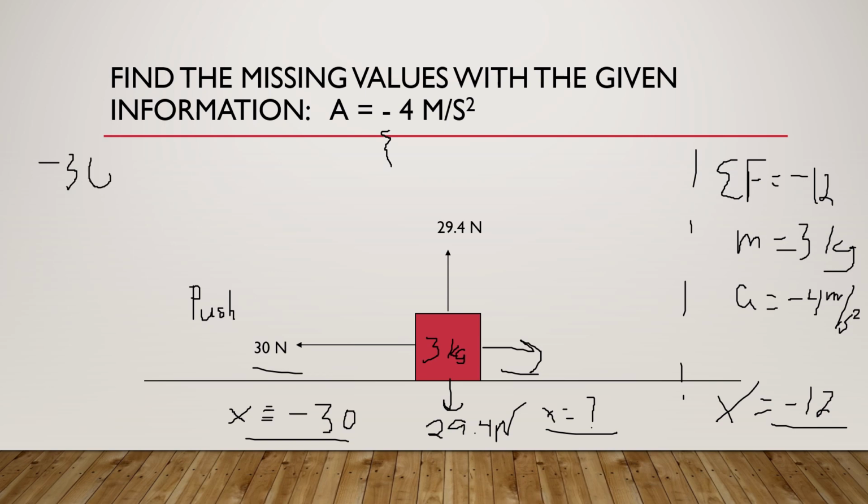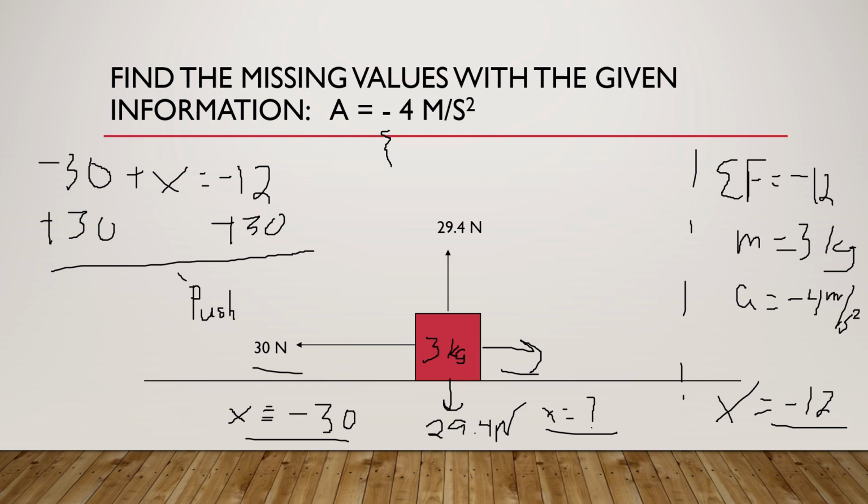Negative 30 plus x equals negative 12. We're going to add 30 to both sides. What is negative 12 plus 30? X equals 18. In this case, the friction is 18. Positive.